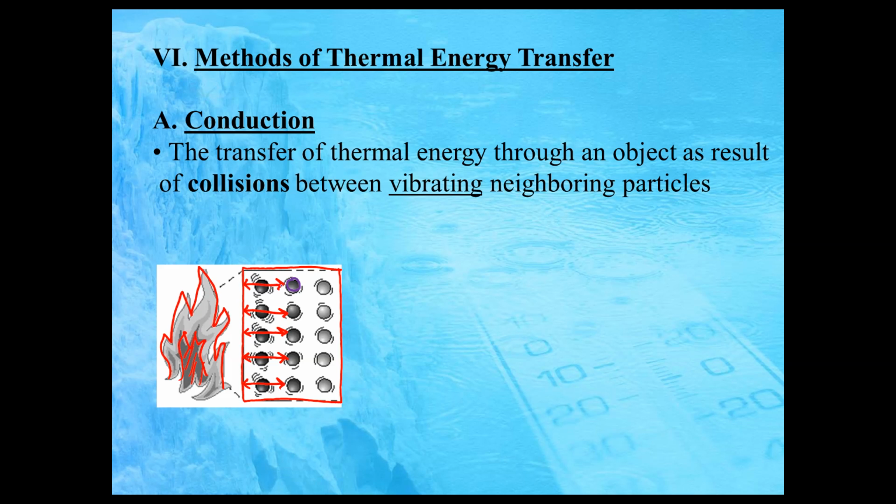When it collides with that neighbor, it transfers some of its energy over to that one, and then it starts to vibrate back and forth. And all these ones vibrate back and forth as well, because they receive energy from the other particle due to the collision.